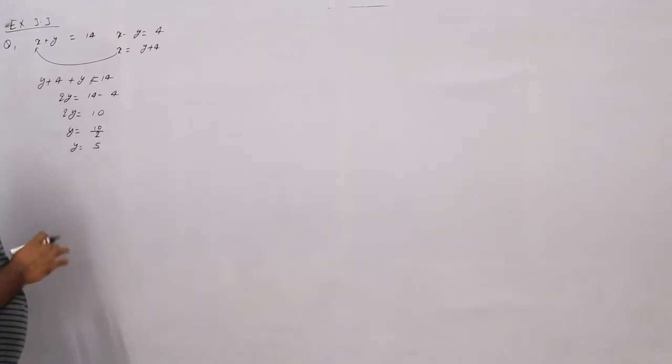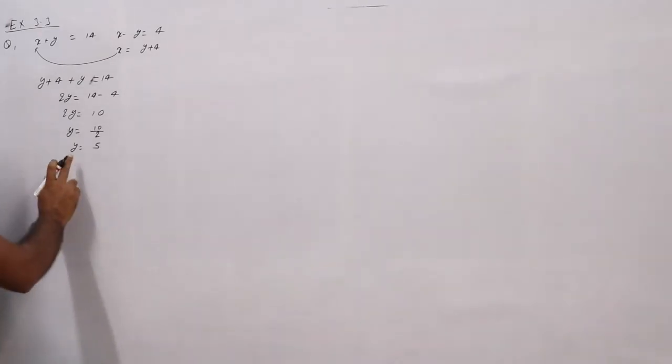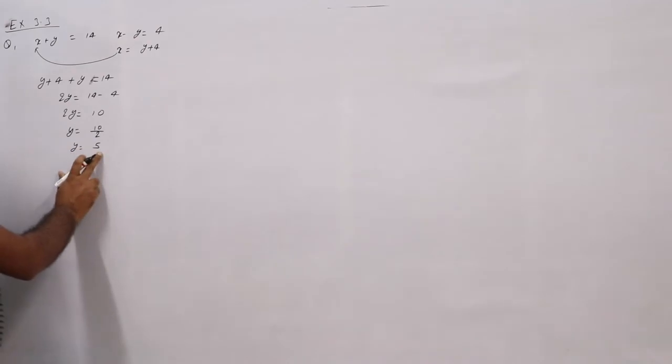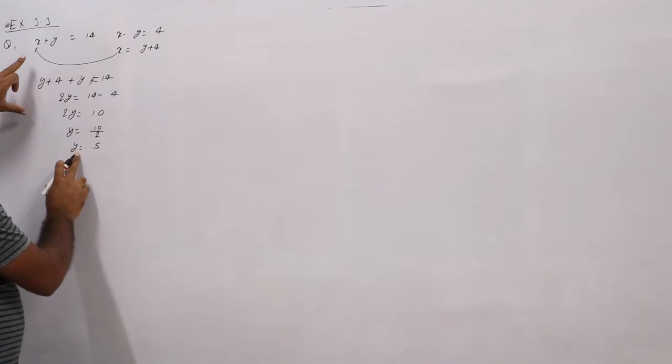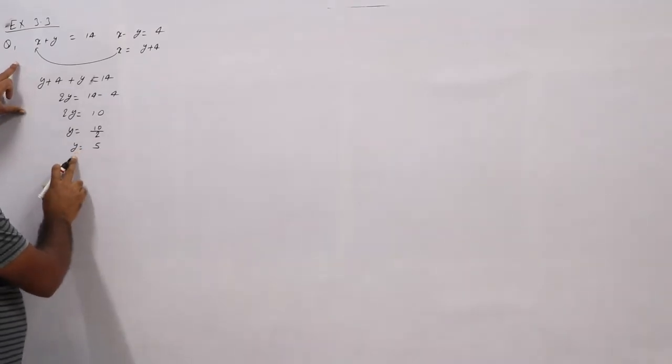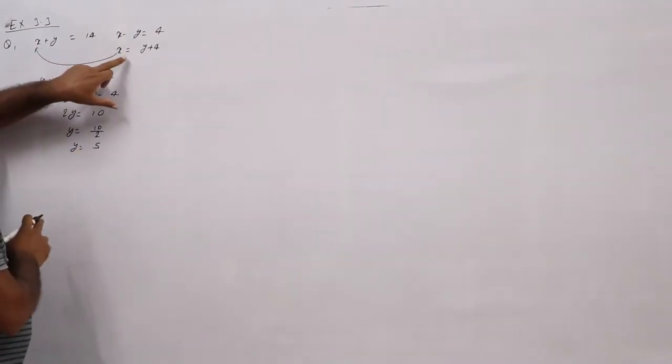Yes? Now I am saying it slowly. As the questions go on, the speed will also increase. So y is equal to 5 we get. Next, this y, put it in either this equation or this one, wherever you want.